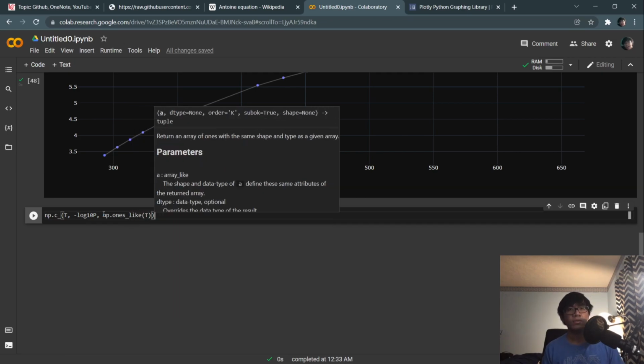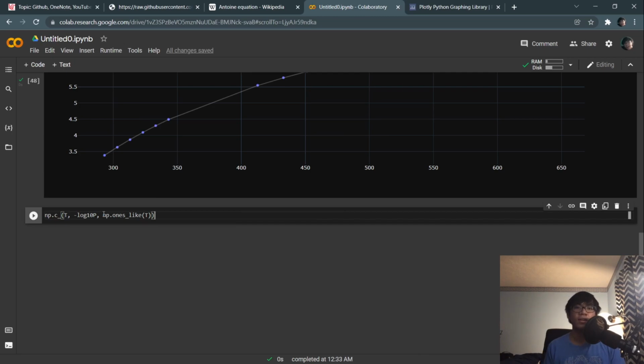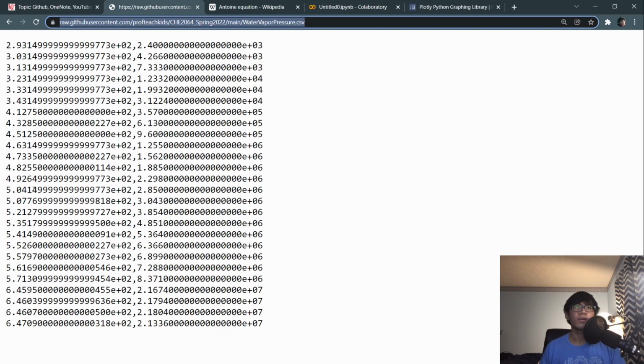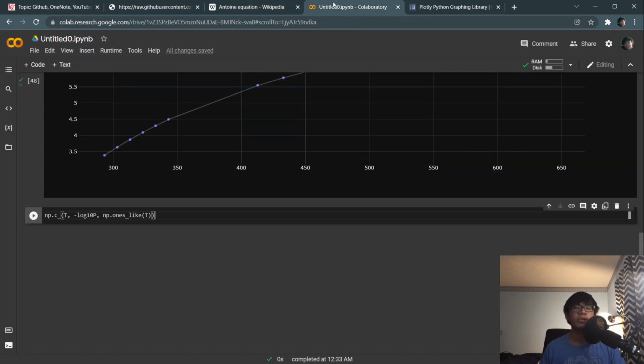That is also a pretty neat function that numpy allows, where we just make a bunch of ones like the similar shape and size of t. And t would be our data points from over here, from start to end. So it's just going to match the same number of data points we have.